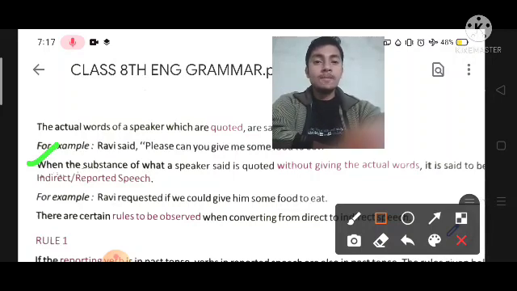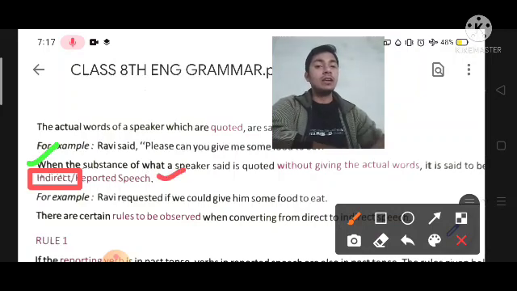Okay, you will see here what is indirect. You can say indirect or reported speech. So this is very important. How will you understand? When the substances of what a speaker said is quoted without giving the actual word, it is said to be indirect.